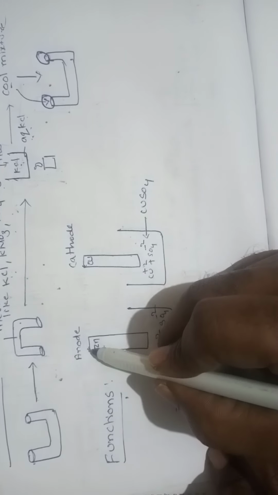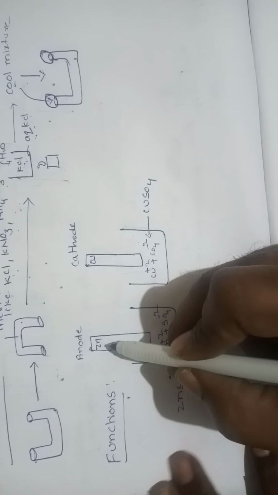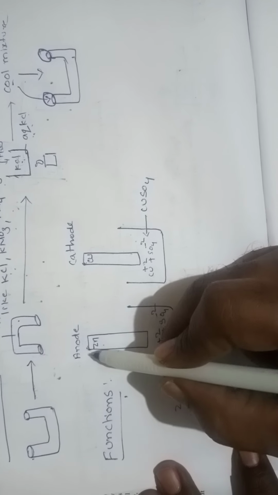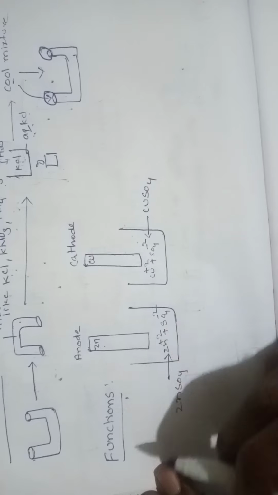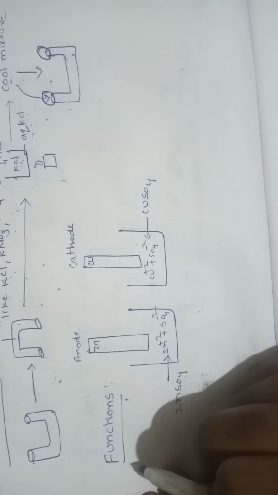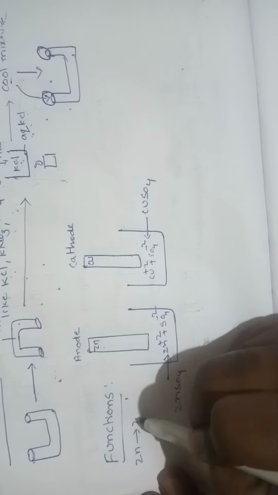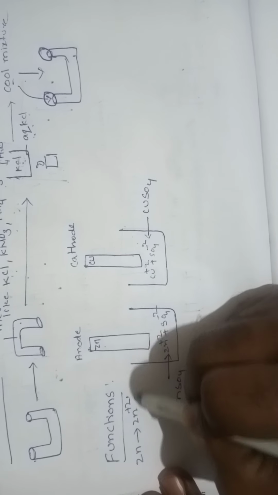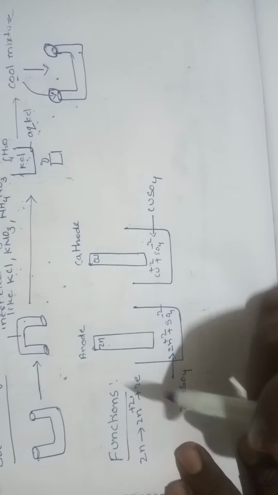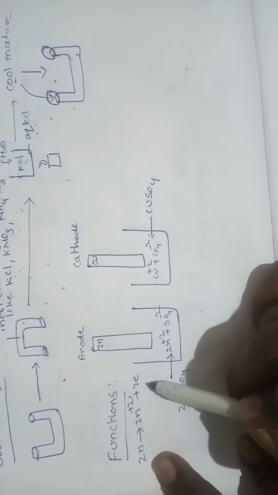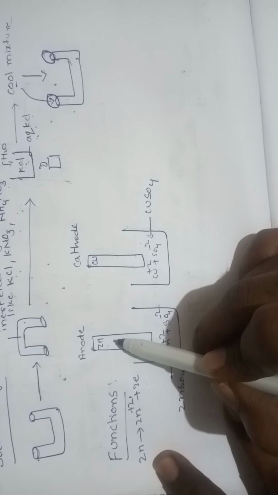At the anodic compartment, oxidation of the zinc rod takes place. Zinc is converted into zinc ions and releases 2 electrons. That means oxidation reactions take place at the anode.